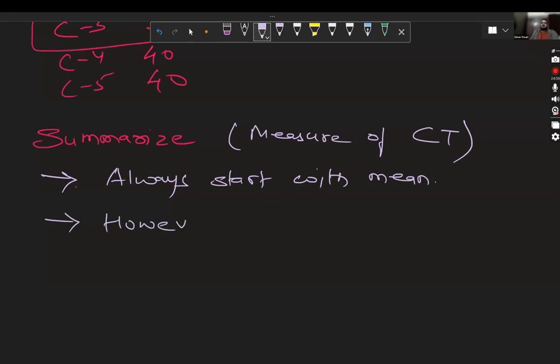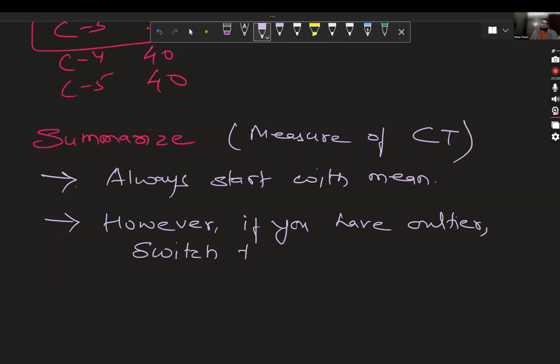However, if you have an outlier, switch to median. Now, you might ask, what is an outlier? How do we identify if data has an outlier or not? Don't worry, we will cover this as well.